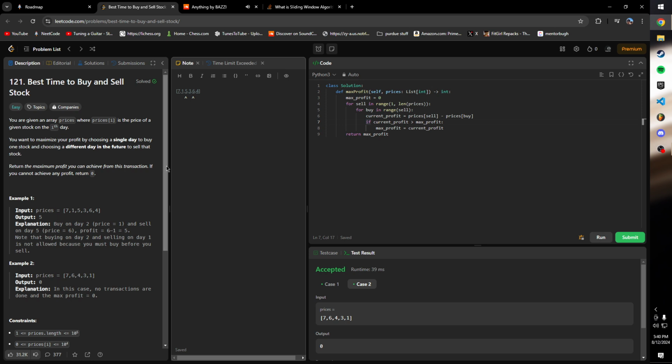I feel like the correct approach should be that we try and find the smallest number that occurs first, and then the largest number. You know what I mean?